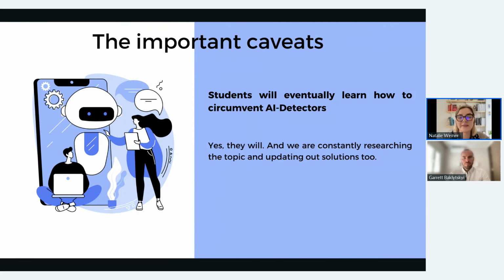And we think that this is perfectly normal because this is in the student's nature to try and fool the system. But our job is to support academic integrity regardless of what they invent. So we put a lot of effort into research, and we try to update our software accordingly as soon as any trick like that appears. So we constantly research them too.